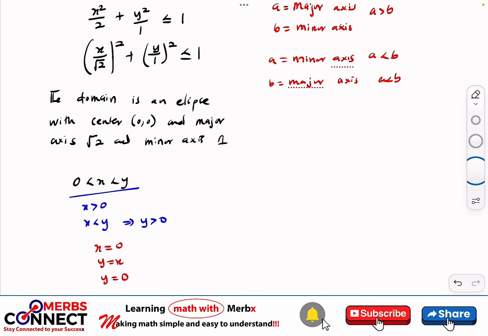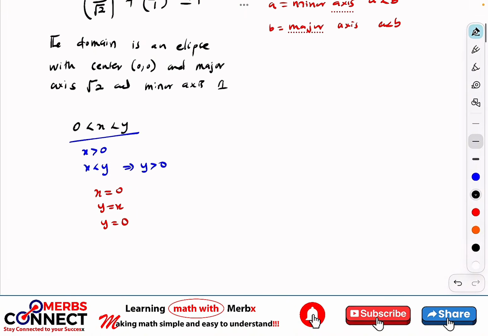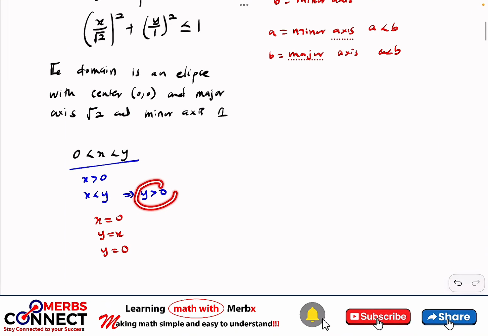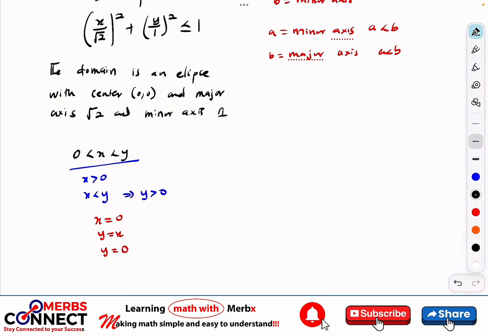So that's basically how the ellipse is going to look like. So let's try and sketch this one. So I'm going to have my x-axis, but don't forget here we are saying that x cannot be 0, right? And y also cannot be 0, even though we are sketching x is equal to 0 and y is equal to 0. So x is equal to 0 is the y-axis, and then let me try and draw it well.